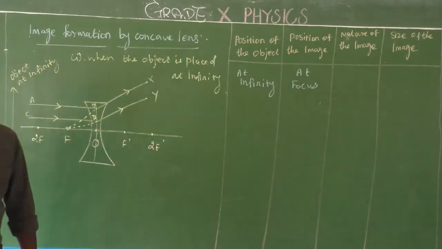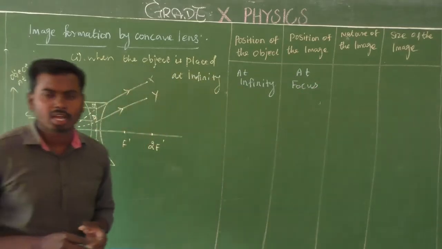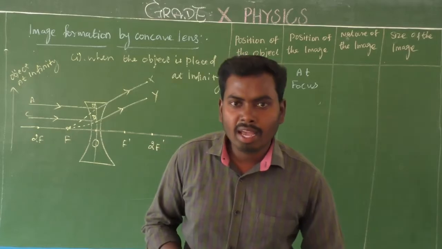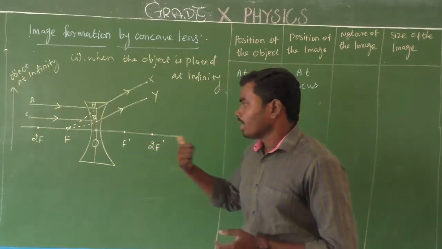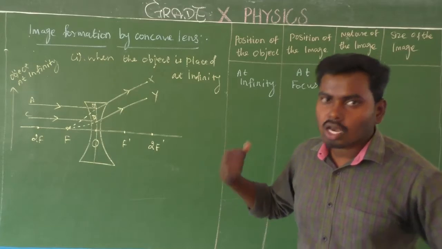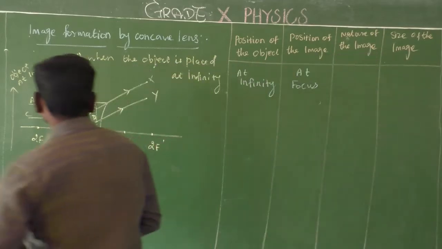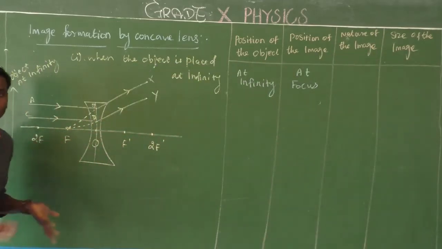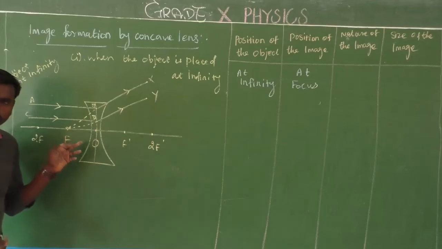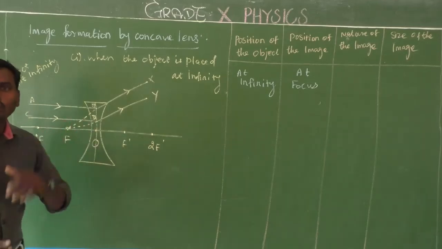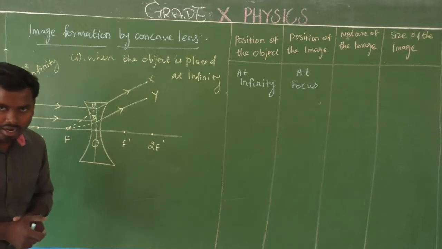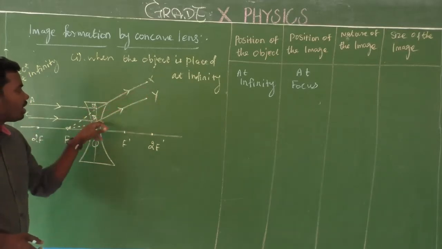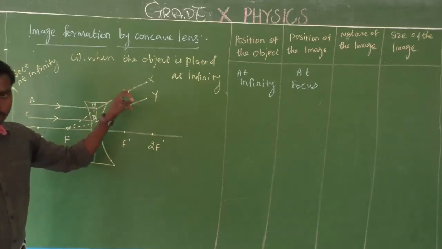Next, what is the nature of the image? Nature of the image means whether the image is a real image or a virtual image. Look here: this image is a virtual image, because BX and BY are both refracted rays.